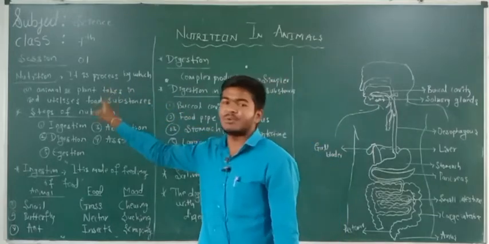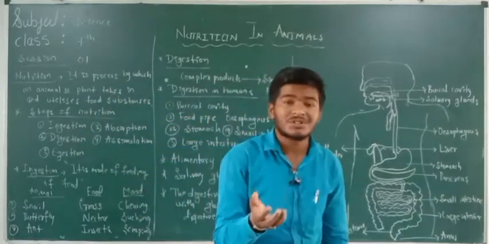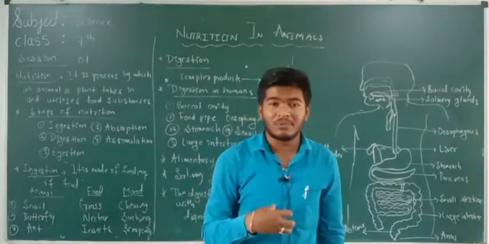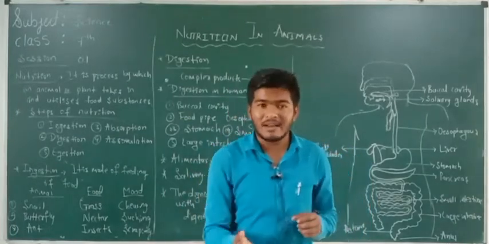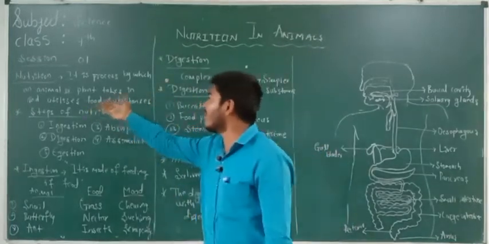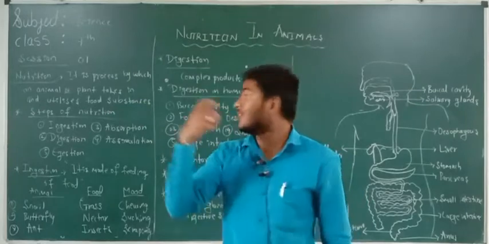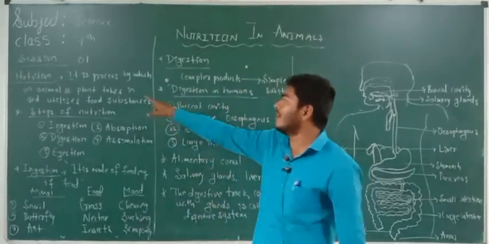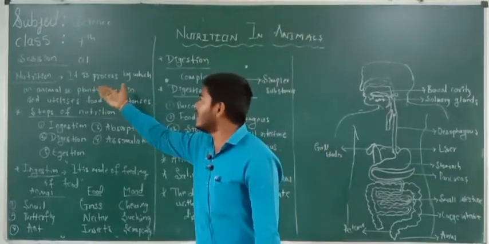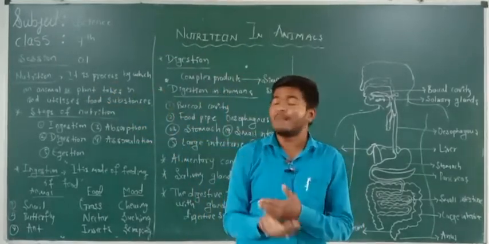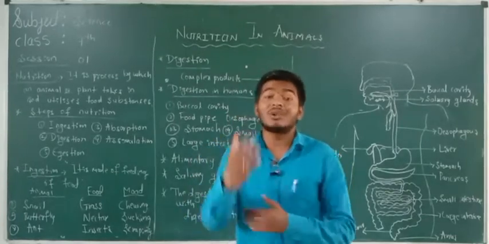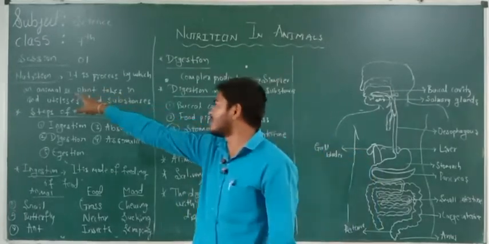It is nothing but the process of intake of food by any living organism and its utilization. Once again, nutrition is a process by which an animal or a plant takes in food and utilizes it.